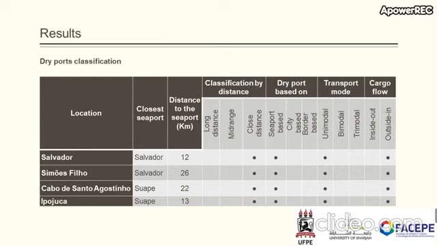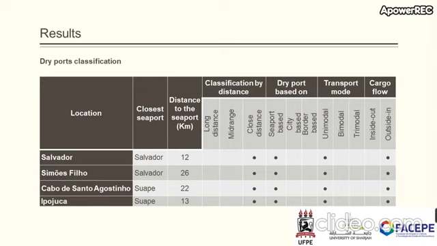So all of them were classified as close distance dry ports. They are near the main seaports of each region, supporting the cargo distribution and the logistic operations in those areas.